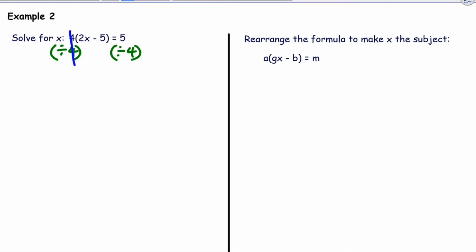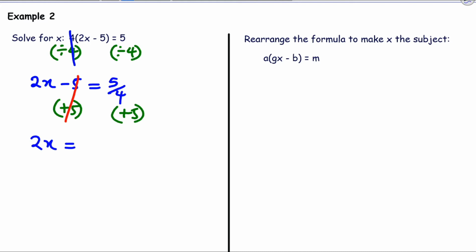So 2x minus 5 is equal to 5 over 4. And then the opposite of subtracting 5 is adding 5. So we add 5 on each side, and 5 minus 5 is equal to 0. So we are left with 2x is equal to 5 over 4 plus 5.